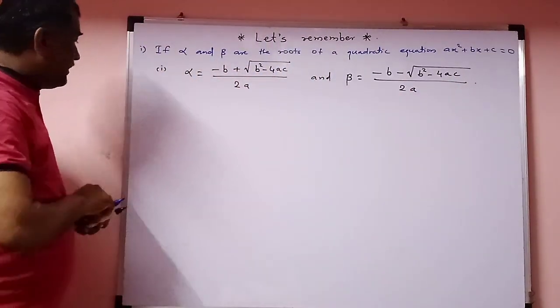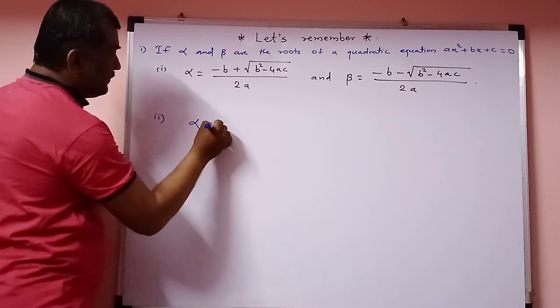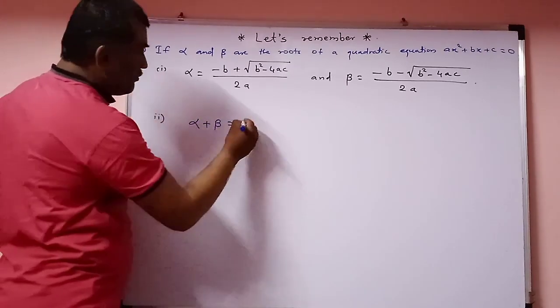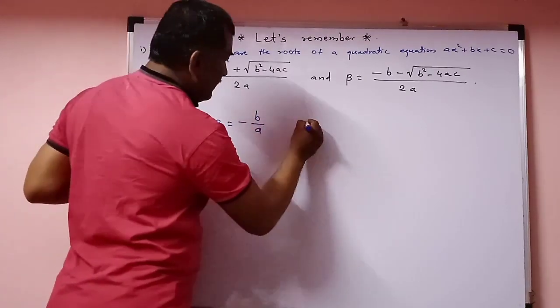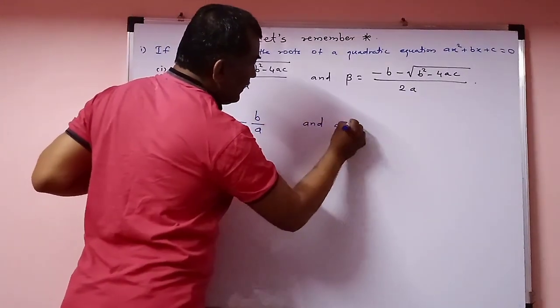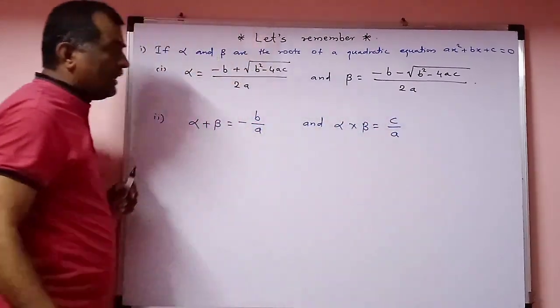Then we find the value of alpha plus beta. Alpha plus beta is equal to minus b upon a and alpha into beta is equal to c upon a.